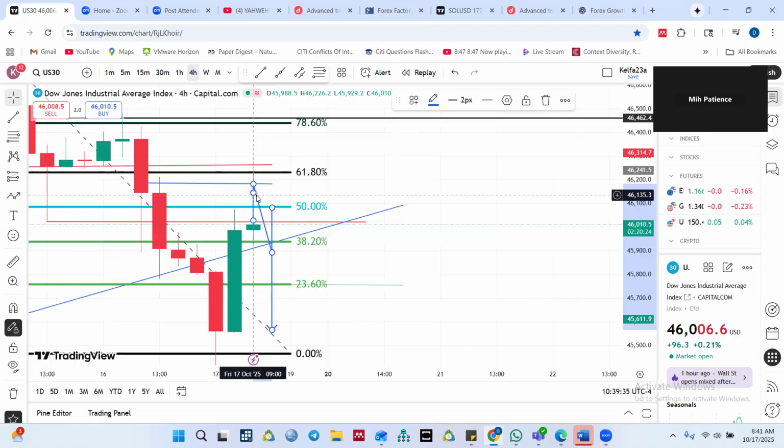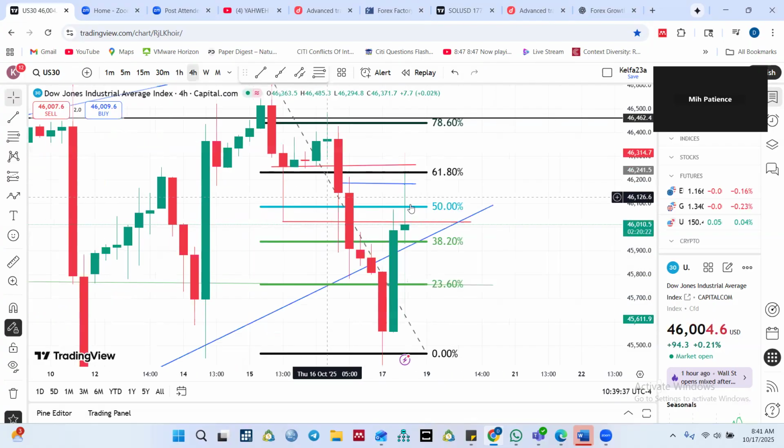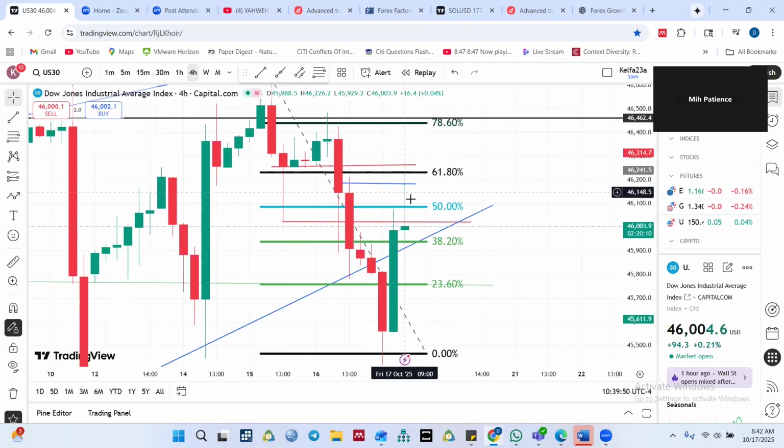It might take us into next week. So I want to wait and see this 4 hour candle. If it closes bullish above this area, close to my entry, the next 4 hour candle, I will expect it to retest a little bit and then engulf to the downside, and that will be my entry.